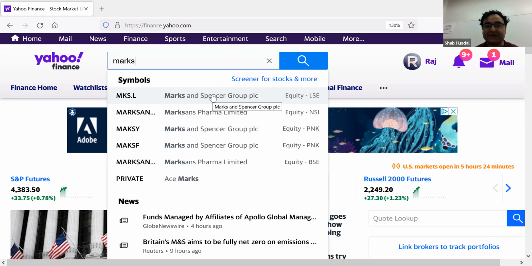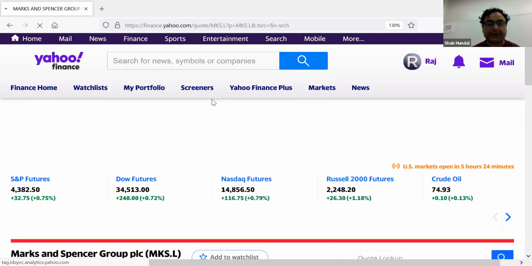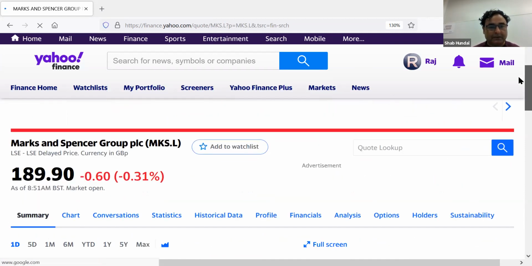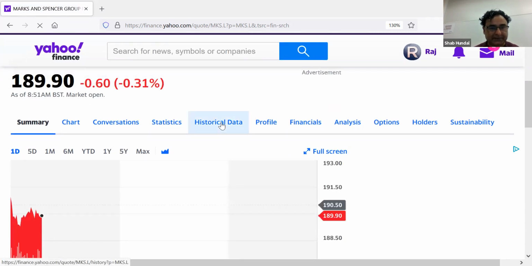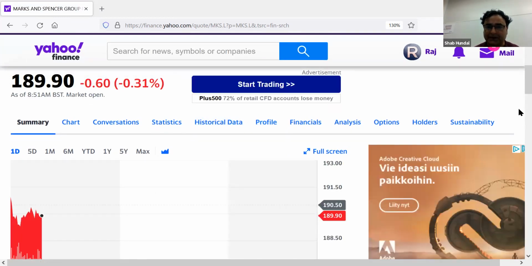Yeah, Marks and Spencer, you can see in many stocks, but I would pick up LSE, the London Stock Exchange, which is the home stock exchange of this company. If I get the historic data somewhere, perhaps I can also find the dividend data as well.